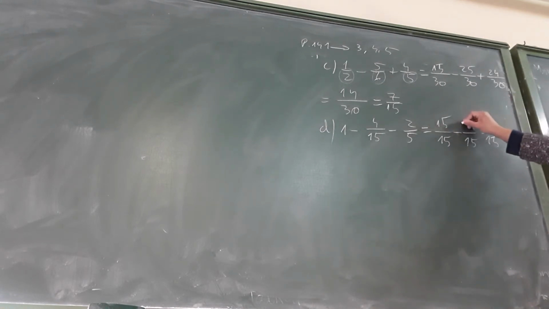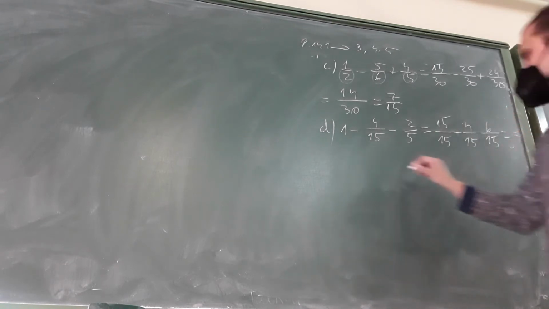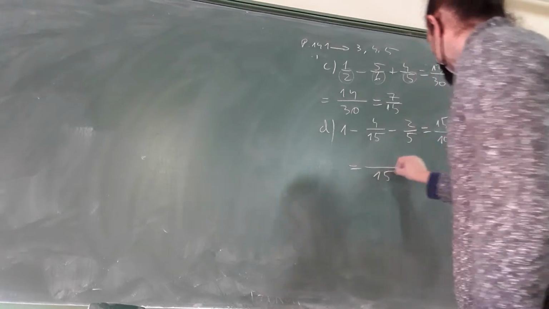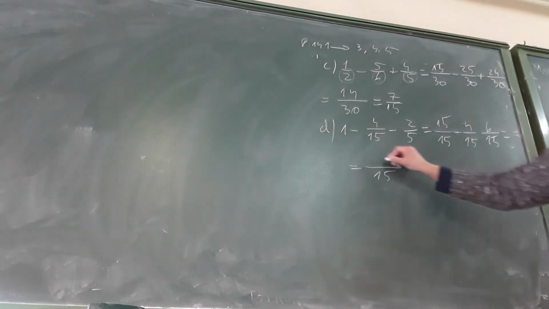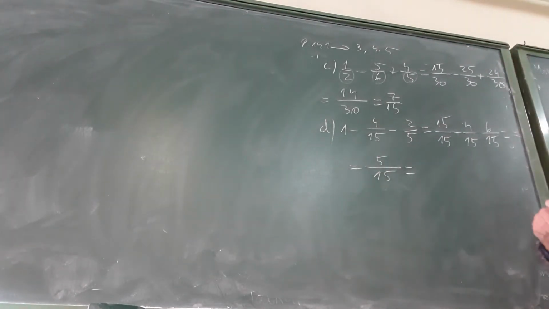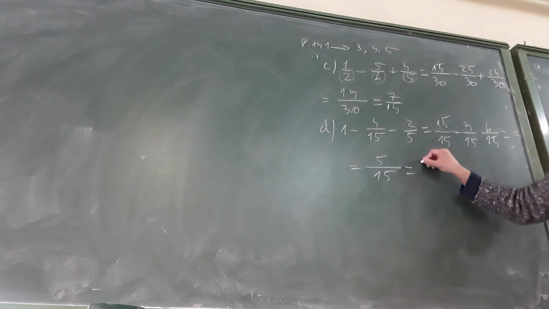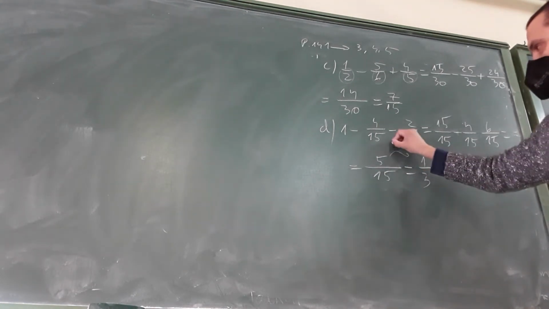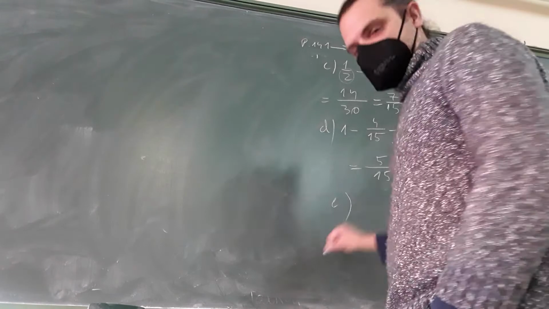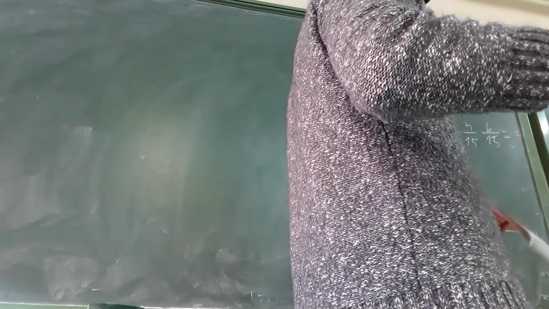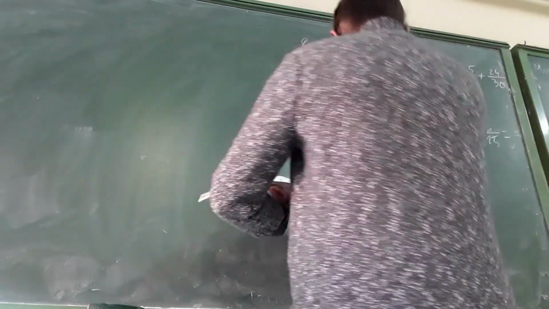Here, 4. And here, 6. And then the result is going to be 5 over 15. And we can simplify it. 1/3. We have divided by 5. Perfect, Adrián. Very well done.